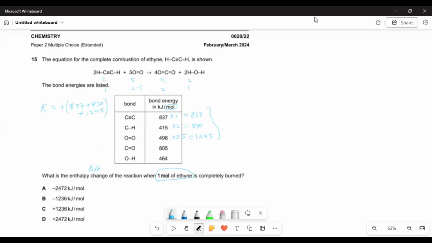See, what's this? So it is calculated that it is 2912. So energy on reactant side is 2912 kilojoule.